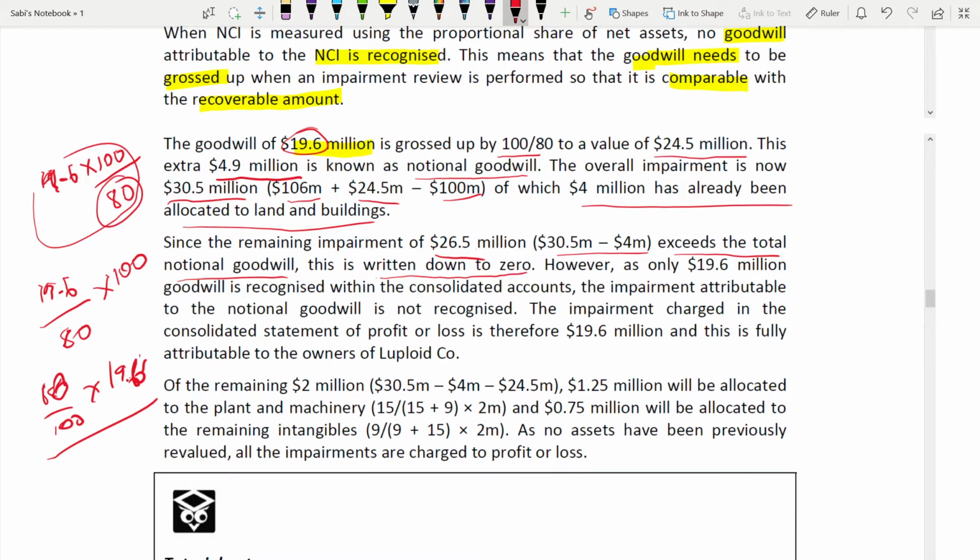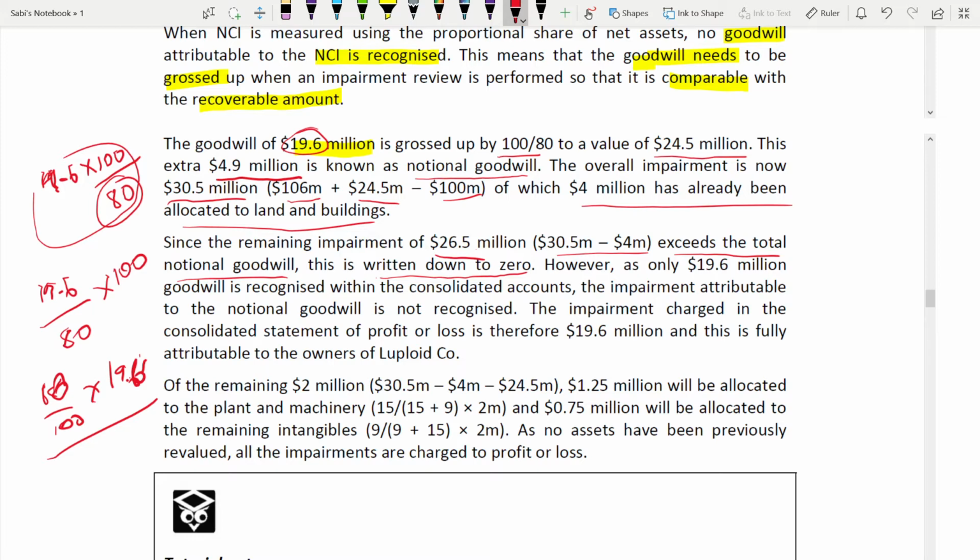You cannot write down something below 0. It's a rule. You have to write it down until 0. You cannot go beyond 0. It cannot become negative. Because here the impairment exceeds the notional goodwill. So definitely when impairment is there, it cannot be that goodwill is 4.9 and 4.9 minus 26.5 becomes negative. No, it has to be reduced to 0. That's it. Because your impairment is more than the goodwill. So it is written down to 0. This also you need to write, that it has to be written down to 0.